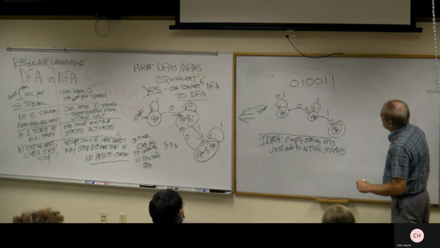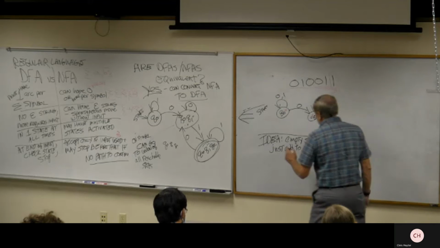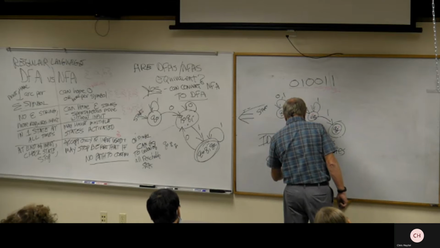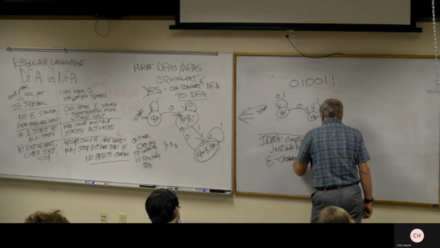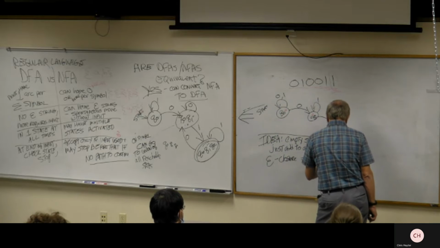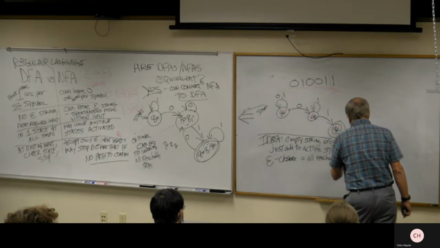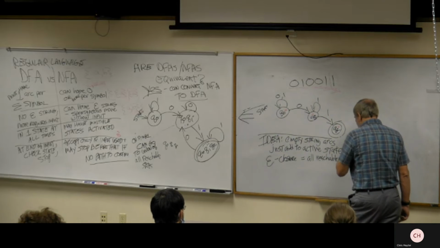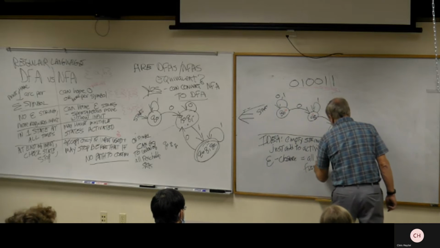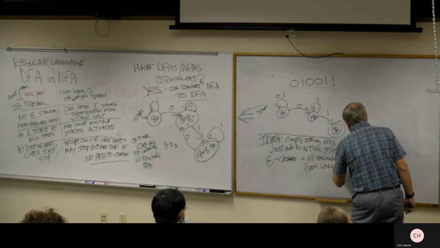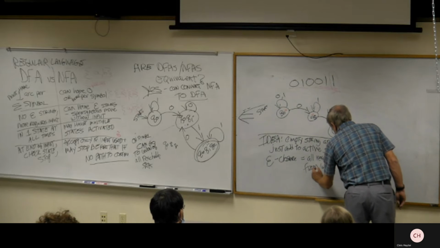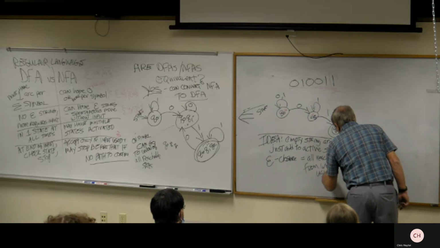So what we would do is find the epsilon closure. And epsilon closure equals all reachable states from where you are using epsilon.